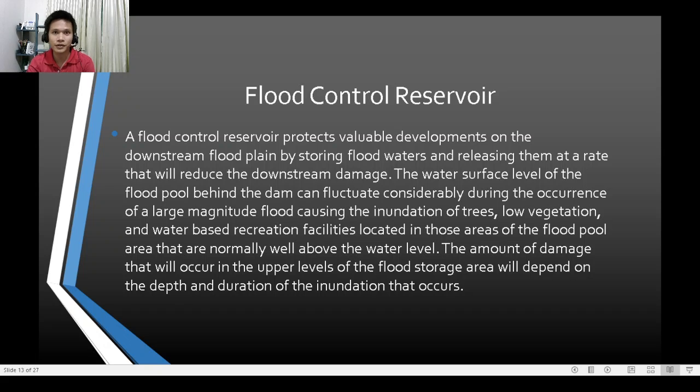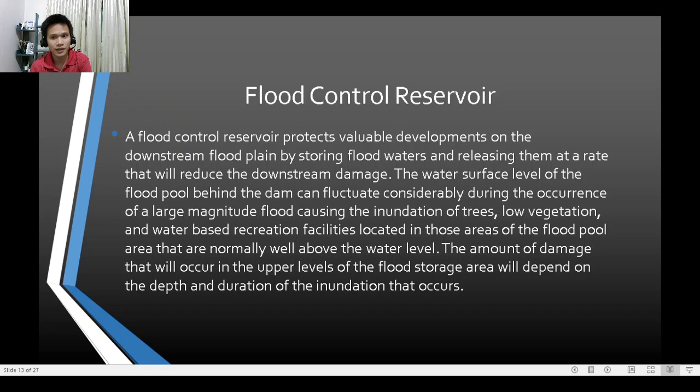So flood control reservoir. A flood control reservoir protects valuable developments on the downstream floodplain by storing floodwaters and releasing them at a rate that will reduce the downstream damage, allowing the people downstream to cope with the floodwater or to clean.